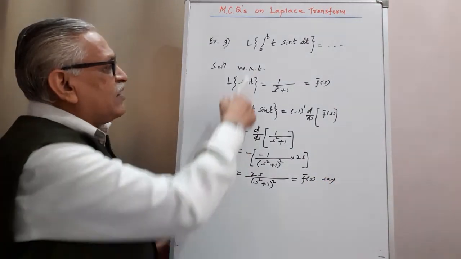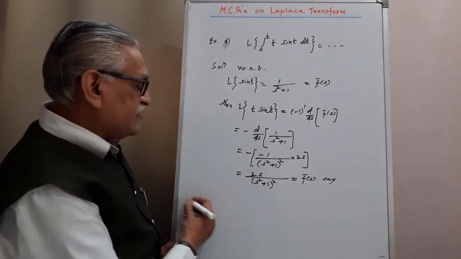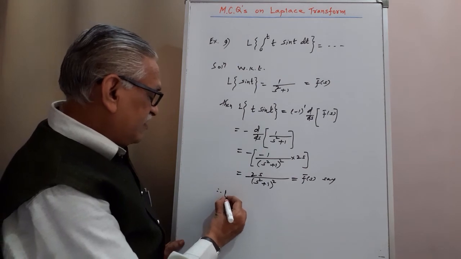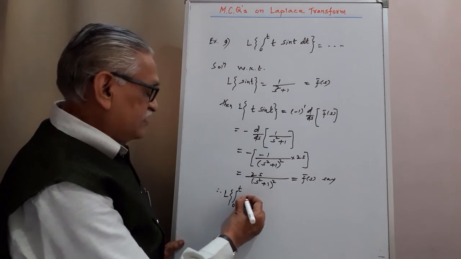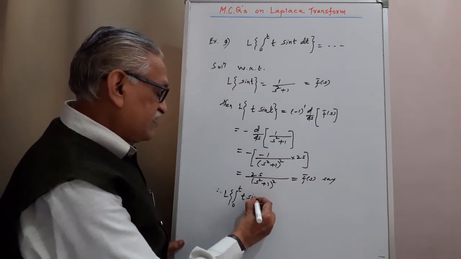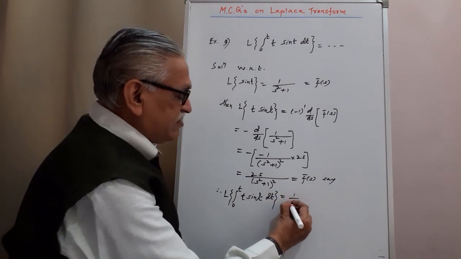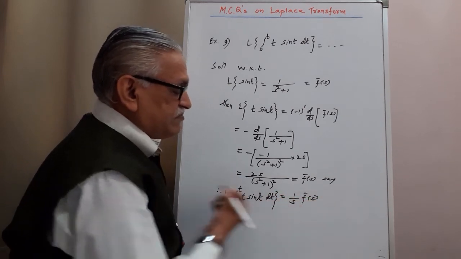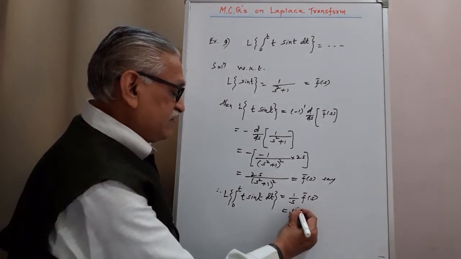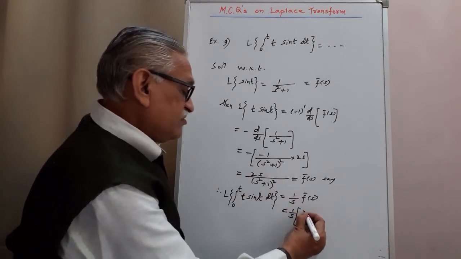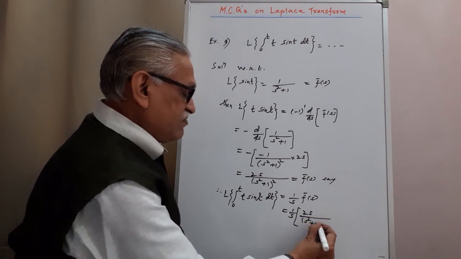Okay, and then lastly applying the second property, the Laplace of an integral, the Laplace transform of the integration from 0 to t of t sin t dt is 1 by s into f bar of s, and therefore it is equal to 1 by s, where f bar of s is 2s divided by s square plus 1 bracket square.